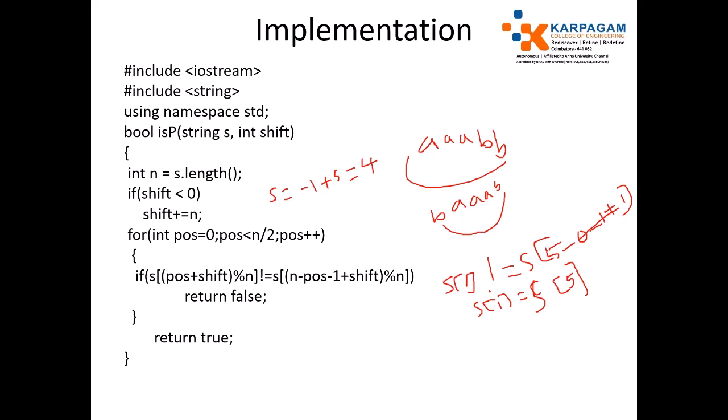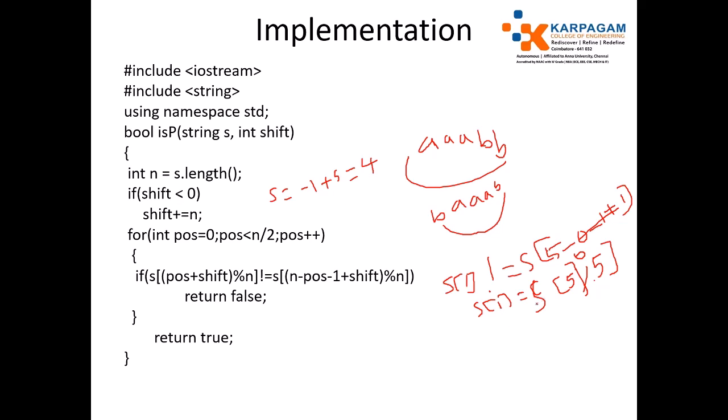Here I just forgot to mention, we get 0, minus 0 minus 1 plus 1 shift. I just mention position equal to 0 plus shift.